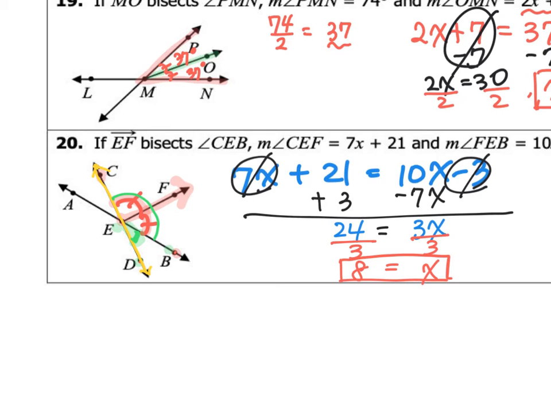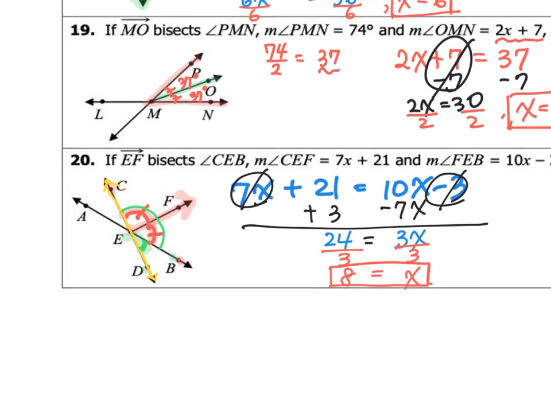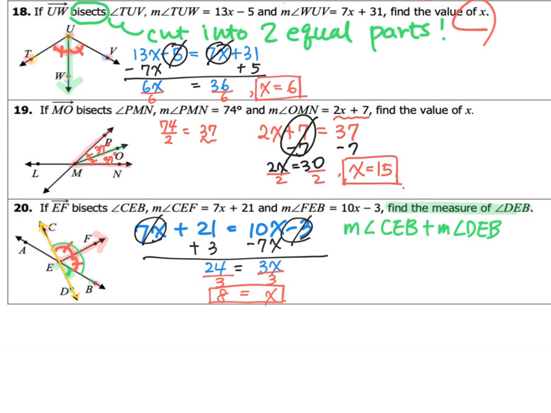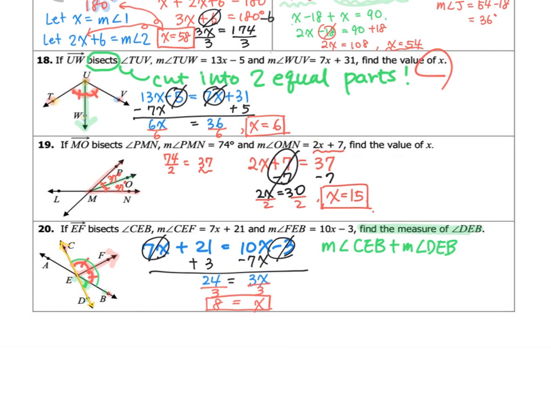We combine them, equal 180, right? So we can set it up: measure of angle CEB plus measure of angle DEB equal 180 degrees.